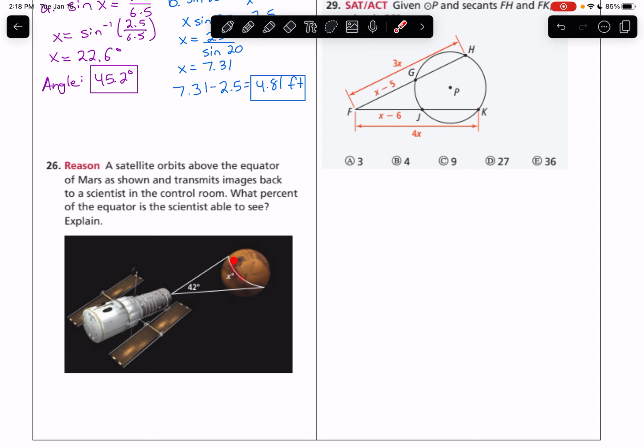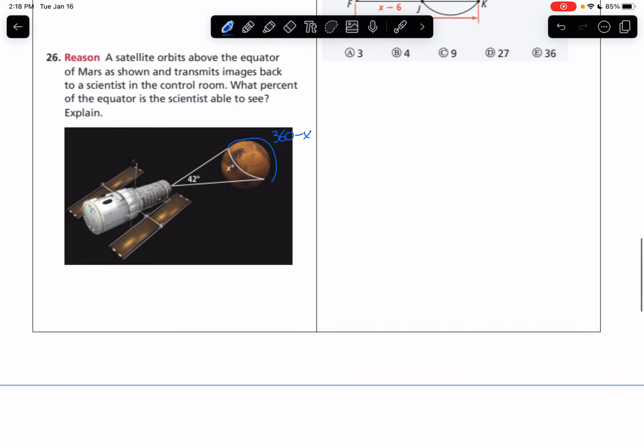It's giving us the x arc that goes this way, and then the rest of the circle can be represented by an arc of 360 minus x. So if we know this piece right here, the 42, we can set up an equation for a tangent-tangent angle, half the difference of the arcs.